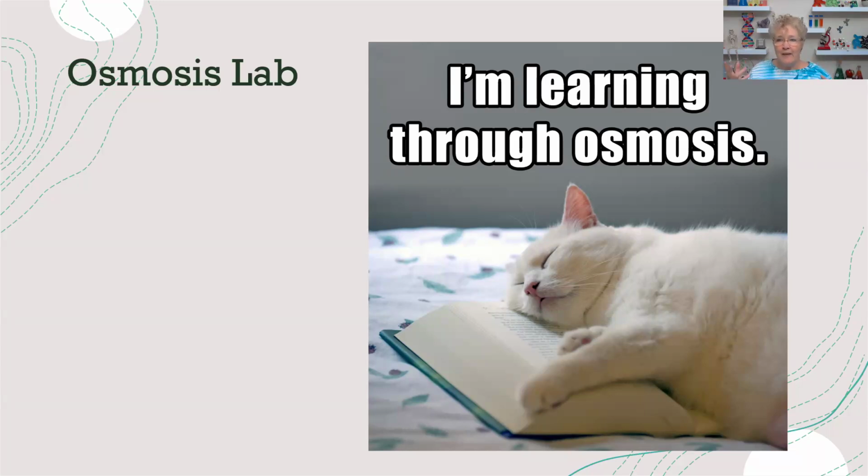We all kind of shiver when we hear that, but that's kind of what water does. Water is the social distancing police trying to spread those particles out. You can't be too close together. I got to move you apart. It tries to make the concentration of particles the same on both sides of the membrane. So once that shell was gone, water moved through that membrane into the egg through osmosis.